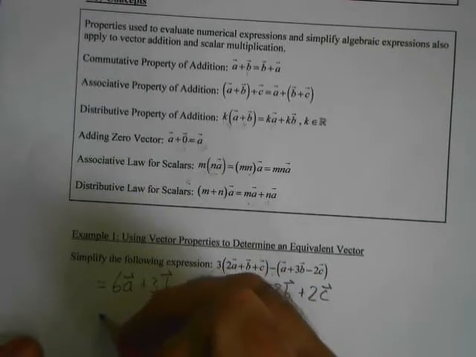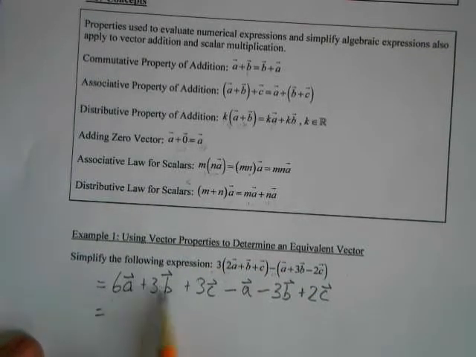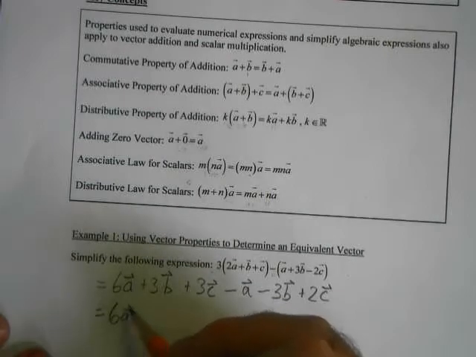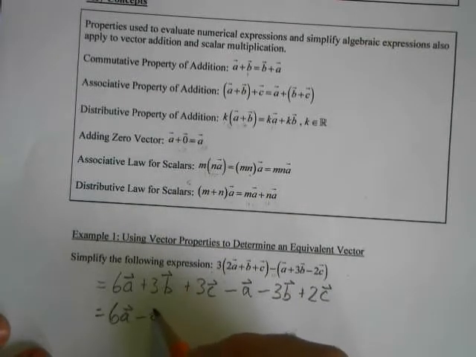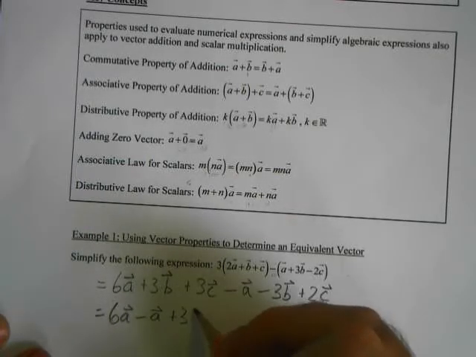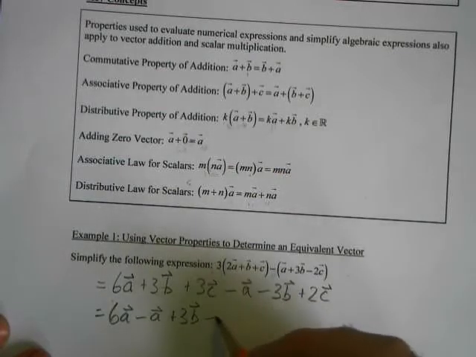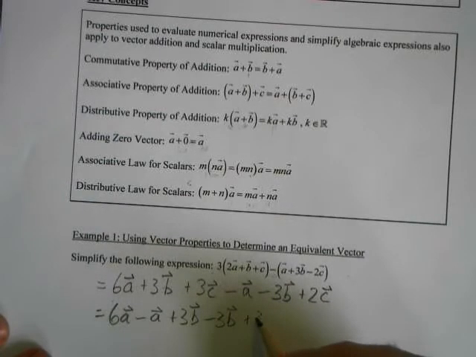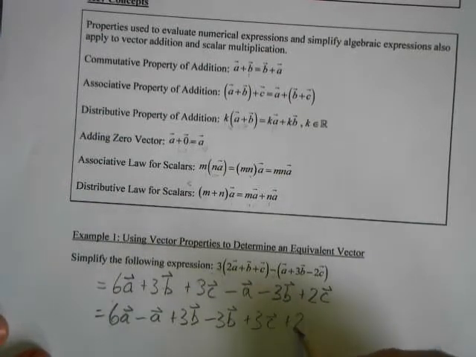Okay, and now what we can do is just treat these almost like different terms. Like you want to find like terms you can combine. So a like term would be anything with a vector a in. So I could just reorganize these if I wanted to. So 6a minus a vector a, and then I've got my b's plus 3 times vector b minus 3 times vector b, and then plus 3 vector c plus 2 times vector c.